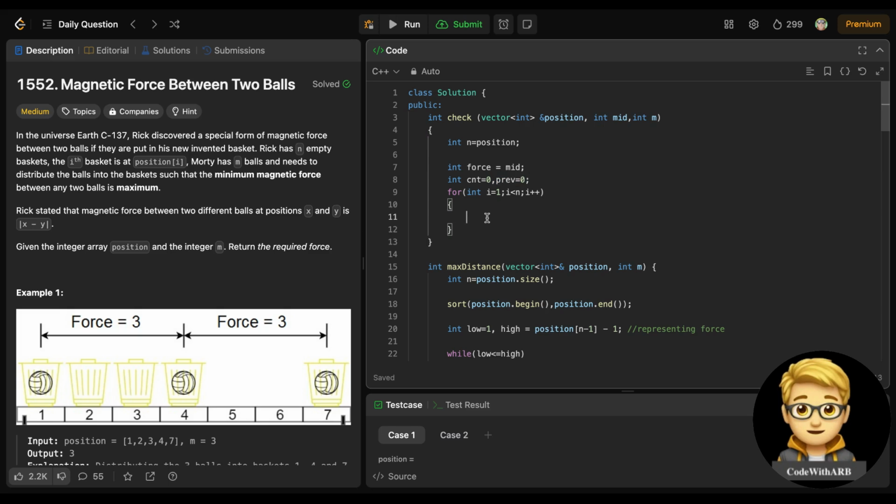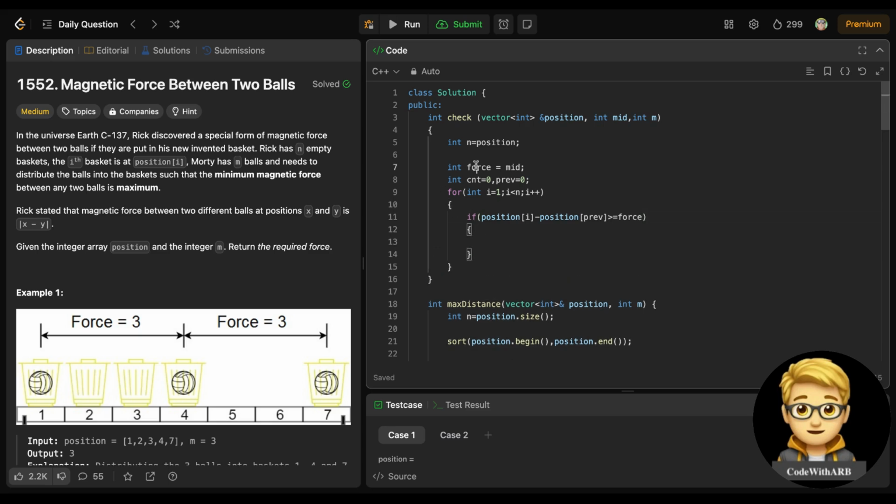So what I will check is that the current position I minus the previous position which I have taken must be greater than the required force, right? Because this is the minimum force we want. And the magnetic force here is mod x minus y, right? And we have already sorted it, so I don't need to take the absolute value.